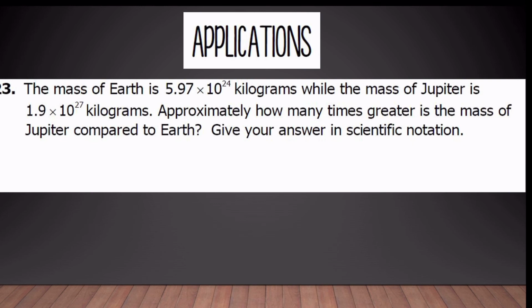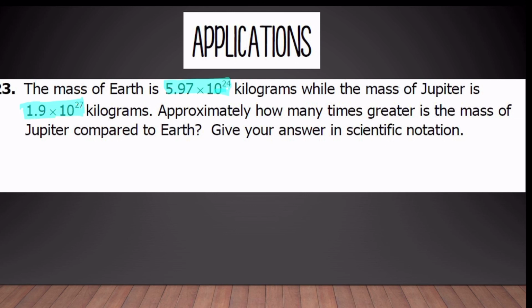So here's what I want you to do. Take a look at this word problem, okay? What we're going to go through is highlight key features. The mass on Earth is given by this number, 5.79 times 10 to the 24th power in kilograms. The mass on Jupiter is 1.9 times 10 to the 27th in kilograms.